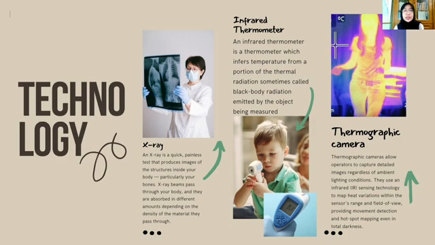The electricity is sent to a detector, which uses it to determine the temperature of whatever the thermometer is pointed at. The more electricity, the hotter the object. The higher the temperature, the more electricity sent to the detector, the higher the reading. Okay, the third one is thermographic cameras.